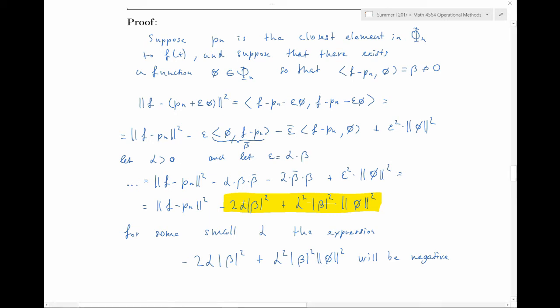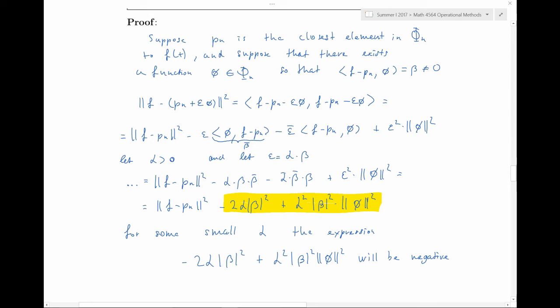We assume that f minus P_n has the smallest norm possible, and then we altered our P_n a little bit, and then we went through the computation and arrived at the fact that this norm is the norm of f minus P_n minus something. That means that the norm of f minus P_n is not the smallest possible norm. But we assumed it is the smallest. Therefore our assumption that there is a function phi which gives us a non-zero product here is impossible to achieve.